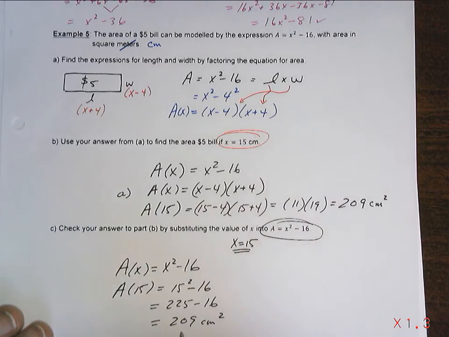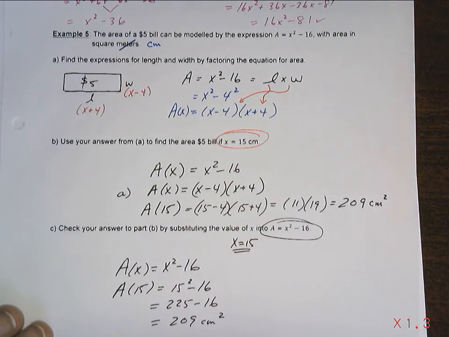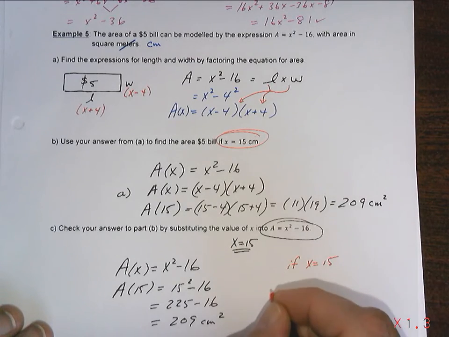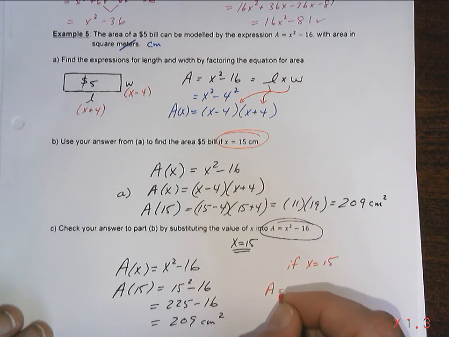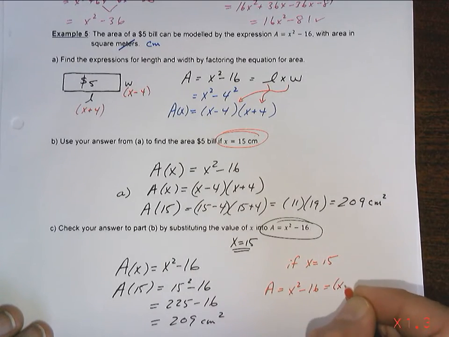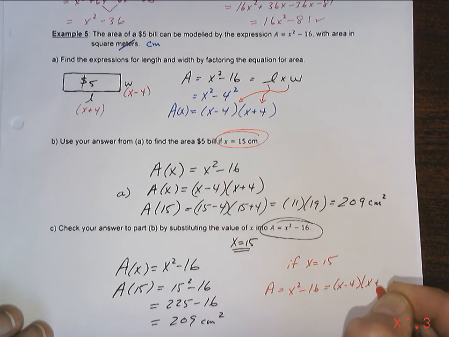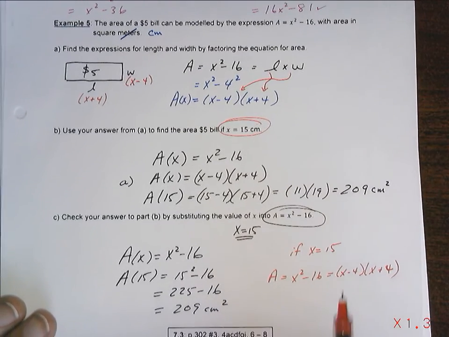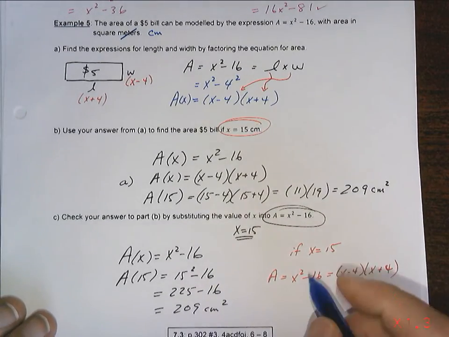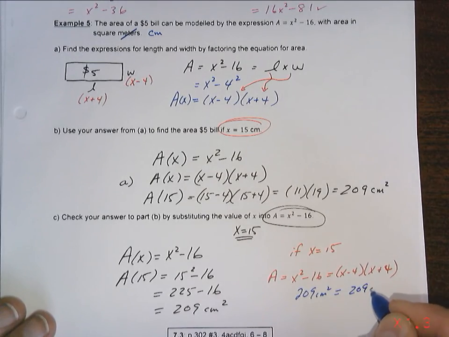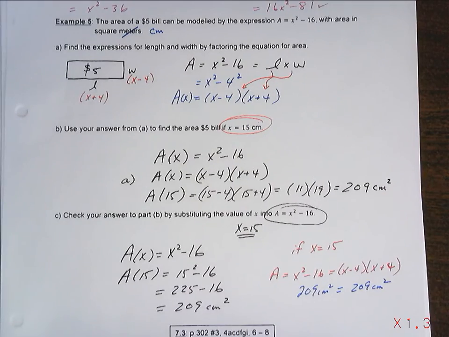And what we found is that this answer equals this answer, so it doesn't matter if x equals 15, whether we use area equals x squared minus 16, or if we use x minus 4, x plus 4. Both of them will give us the same answer of 209 centimeters squared when x equals 15. Meaning that the two forms are identical.